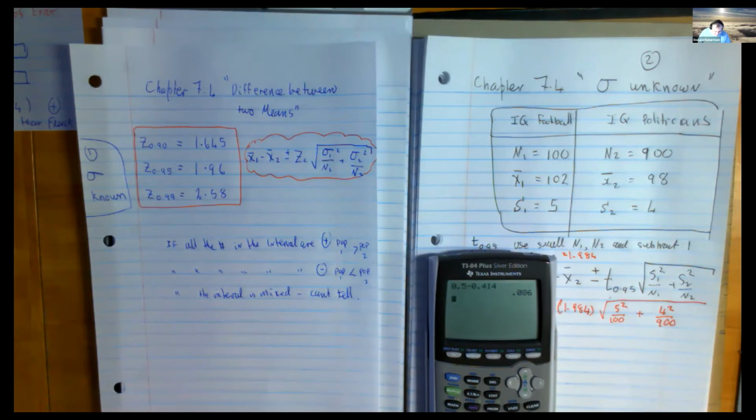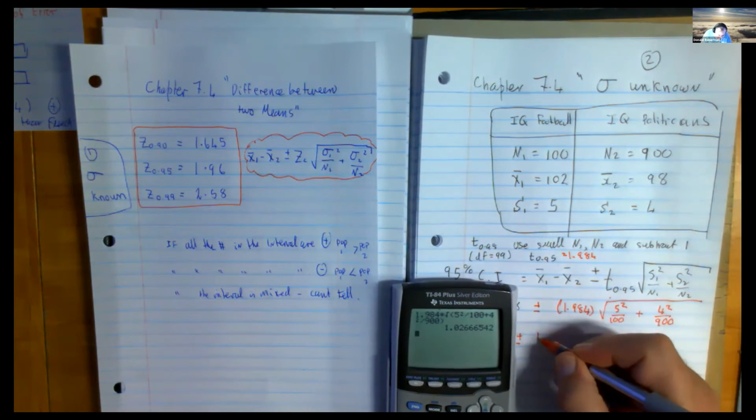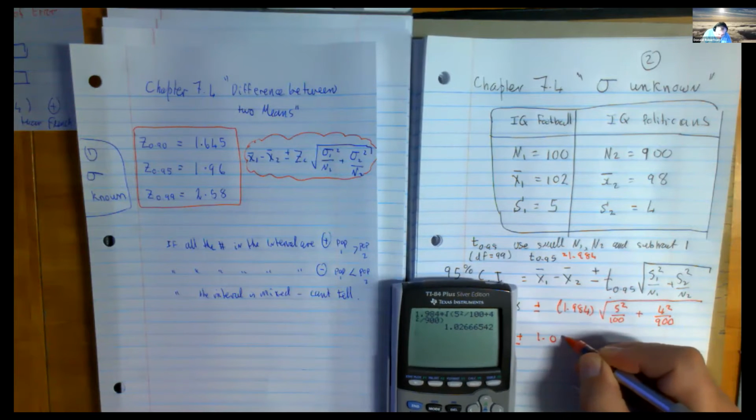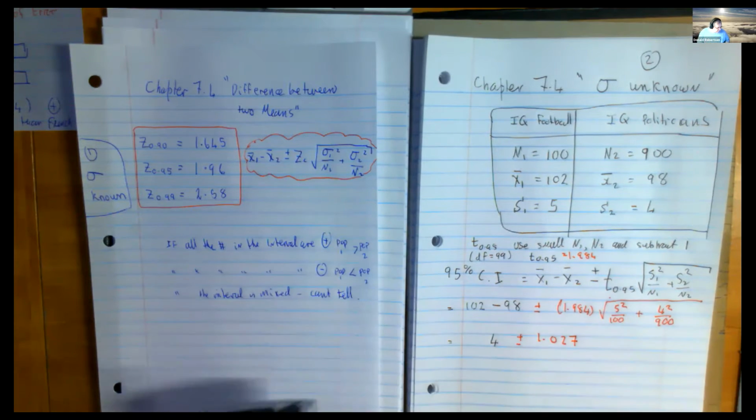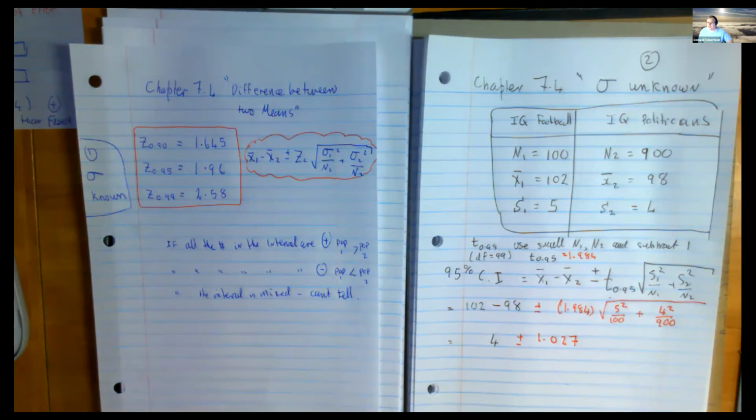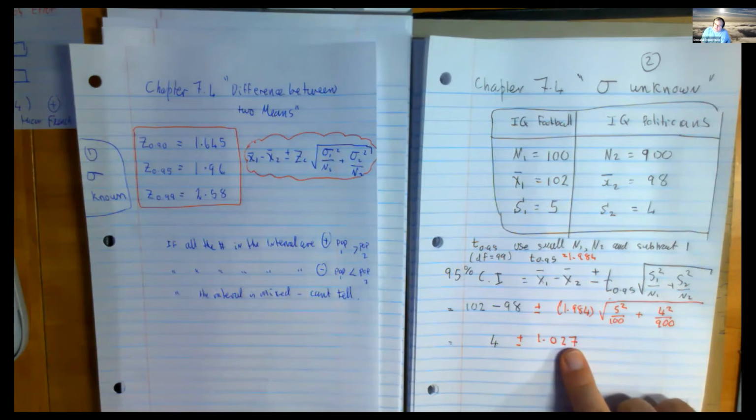Take me to the calculator, and 1.984 times the square root of 5 squared divided by 100 plus 4 squared divided by 900. And I get plus or minus 1.027. Can we pretend it was a 3 decimal place question? And there's my margin of error.